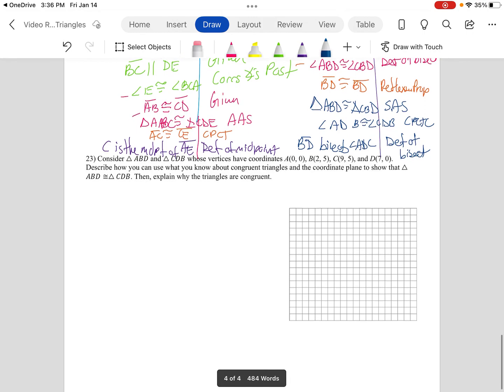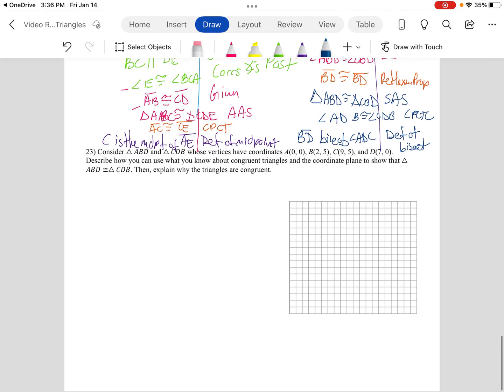All right, one more problem. So consider ABD and CDB, whose vertices are the coordinates. Well, A is 0, 0. So we have A here. We have B that's 2, 5. B is right here.